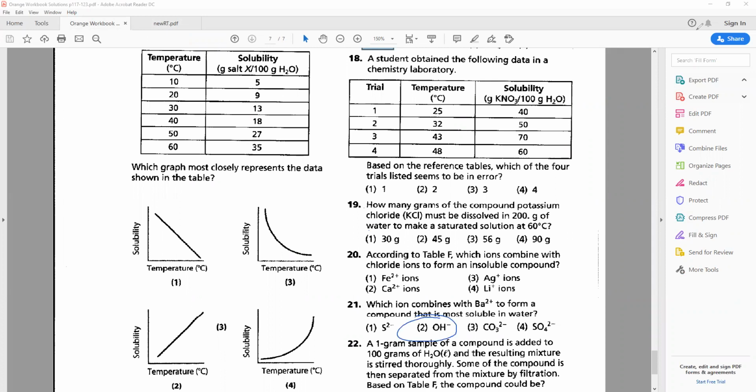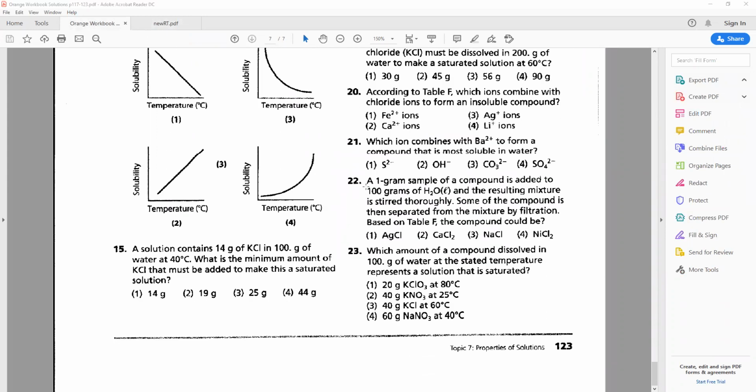Finally, 2 more questions. 22. A 1 gram sample of a compound is added to 100 grams of water, and the resultant mixture is stirred thoroughly. Some of the compound is then separated from the mixture by filtration. Based on Table F, the compound could be.